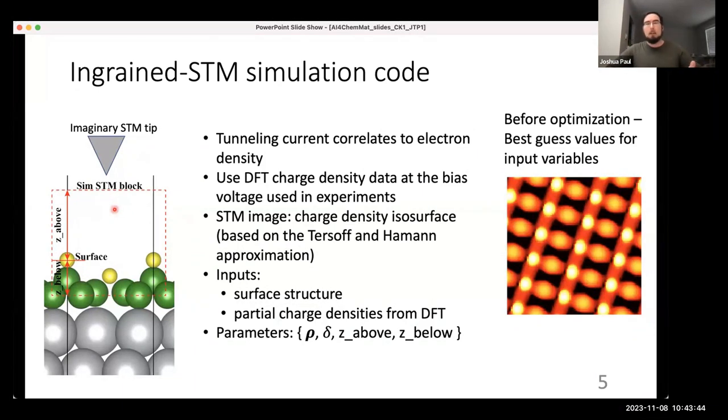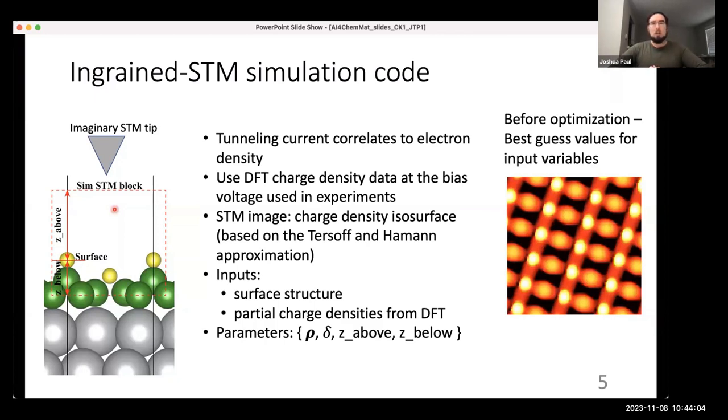amount of smearing of the theoretical image, because experimental measurements aren't exactly precise. There's going to be some amount of blur due to the resolution of the machines. And so we simulate that with a blur that we apply on our perfect image.